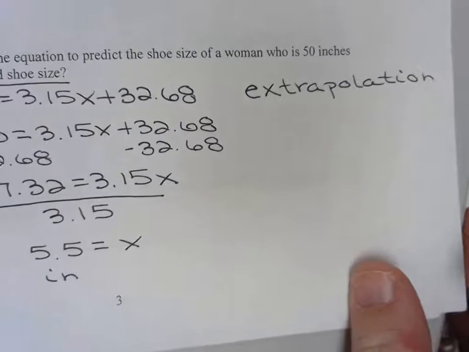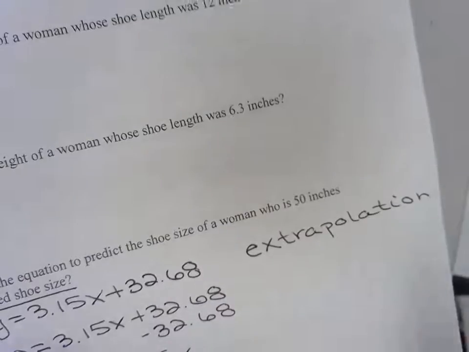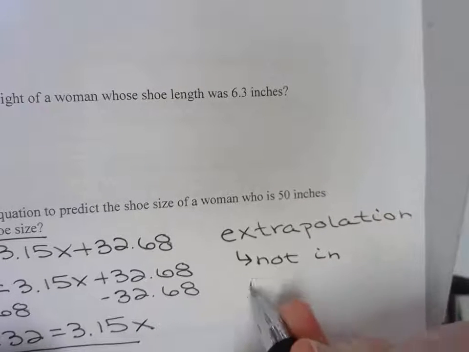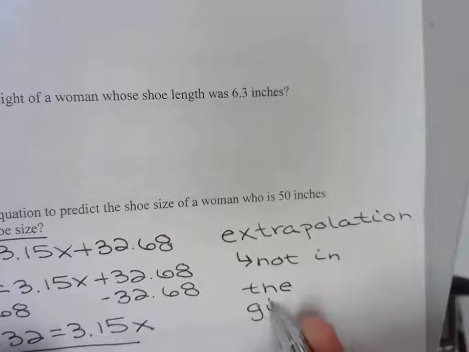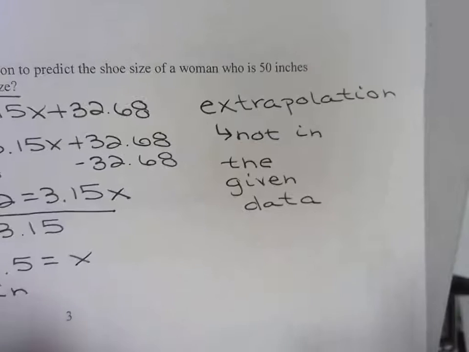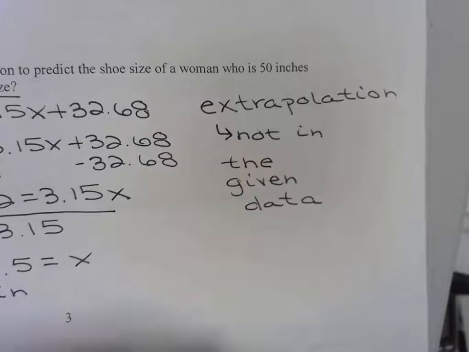Is this data within the table they give me? No. 50 inches for a height is lower than the table, so that's why it's an extrapolation, because it is not in the given data. Interpolation would mean that it is inside the data they give me.